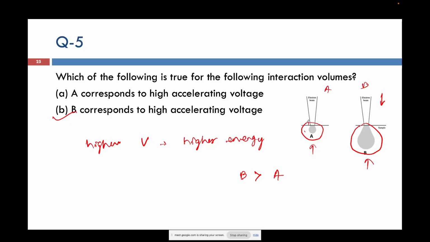That is why we always have to maintain an optimum value, and there is also a high chance that if you increase the accelerating voltage much more, you can damage your sample.